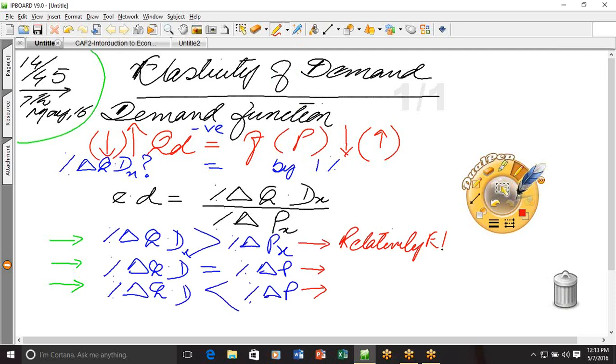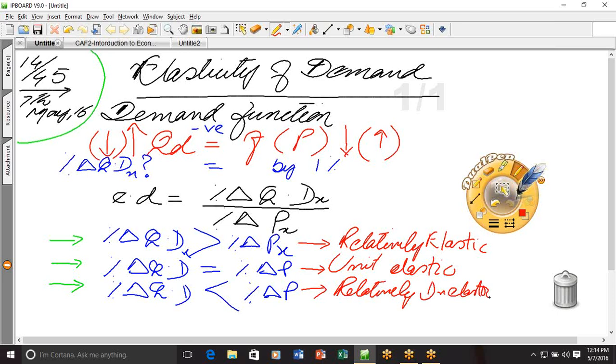Relatively elastic, or unit elastic, or relatively inelastic.